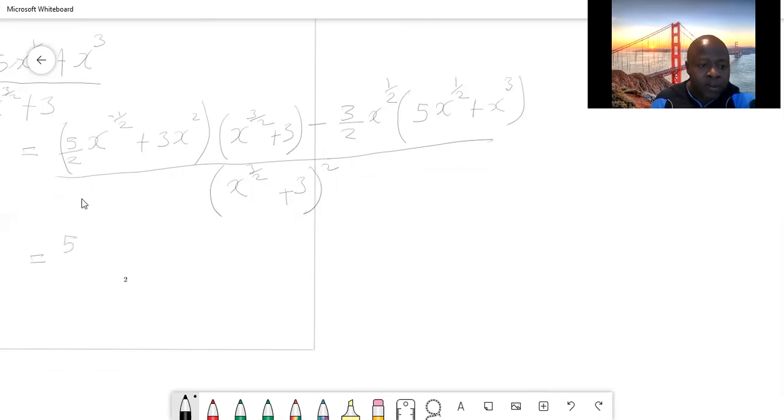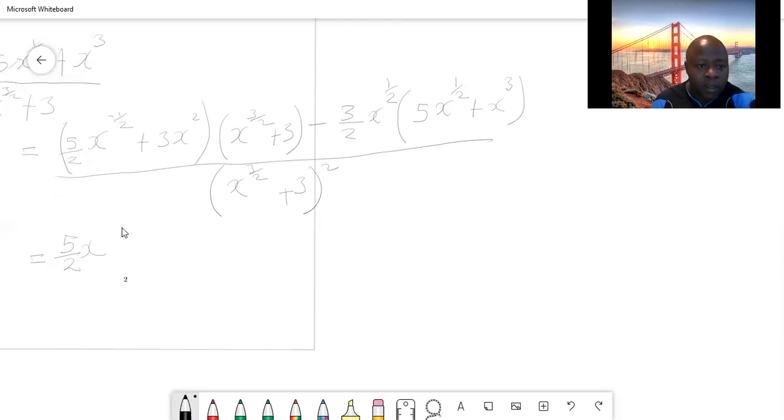So when I multiply that, I would have 5 over 2 x raised to, this is 3 minus 1 would be 2. So just x, because this is 3 over 2 minus a half. So it will be x.